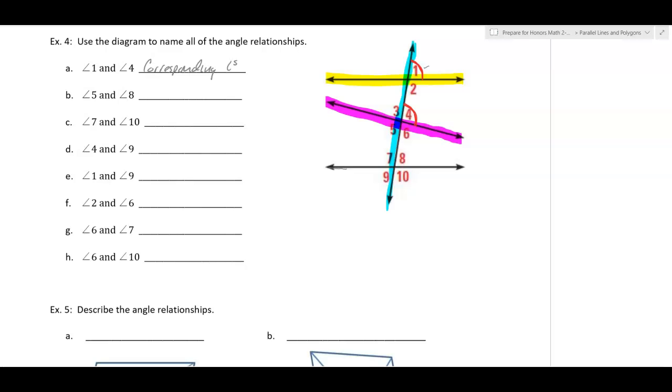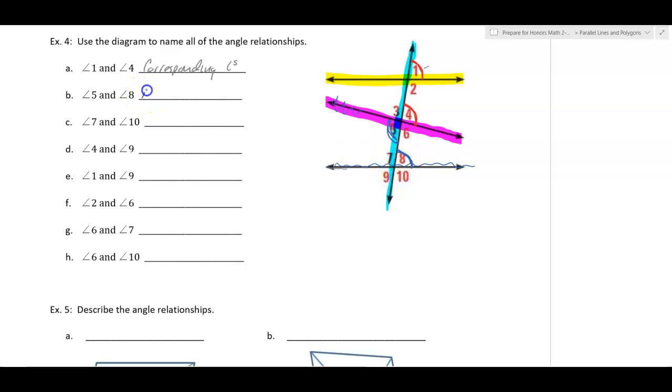When I move on to 5 and 8, I'm going to use the purple line and this line. That arc touches the transversal. And the pink line, 8 touches the blue squiggly line and the transversal. So those are going to be opposite sides of the transversal.